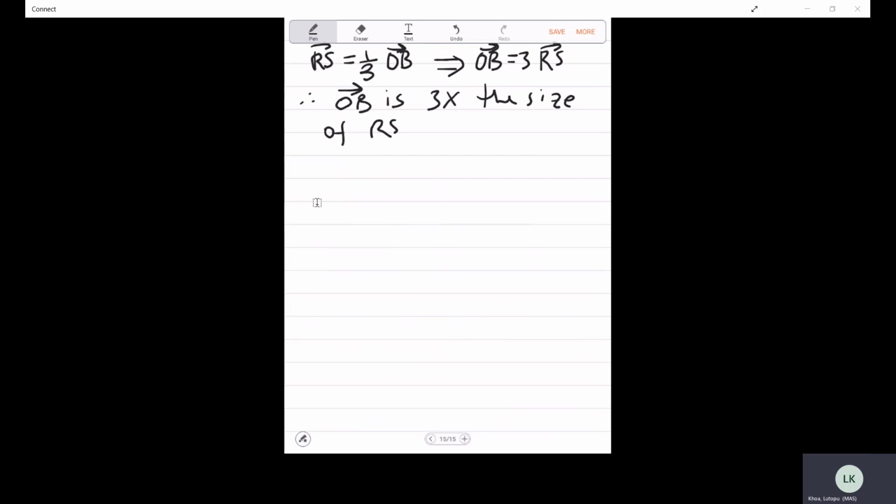Okay, with number 7, let me just draw the diagram. If you have the book, just refer to it. Their diagrams are much better than mine.